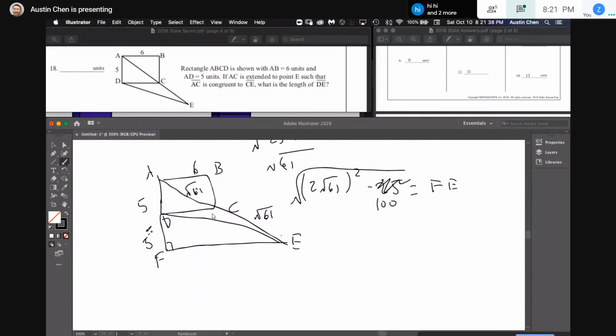Because this side length is 10, so 10 squared is 100. And then this is just going to be 4 times 61, which is 244, minus 100, and then rooted. So that's just 144 rooted, which is just 12.